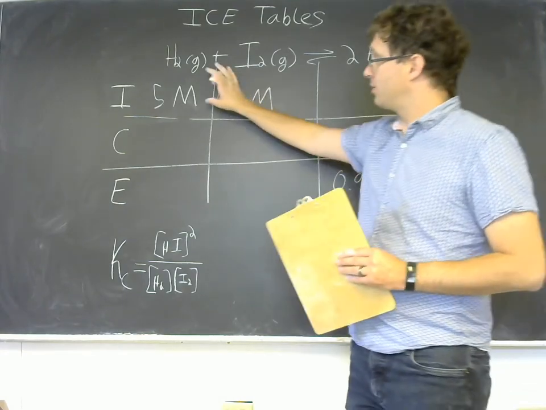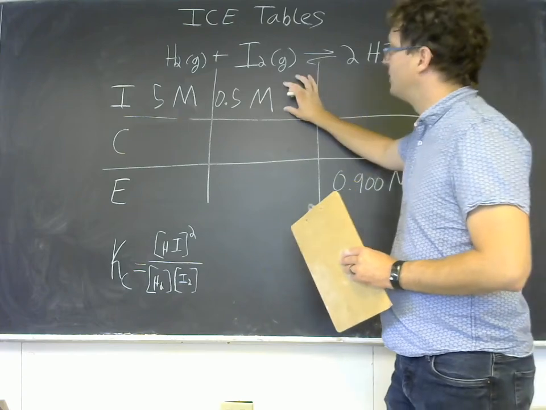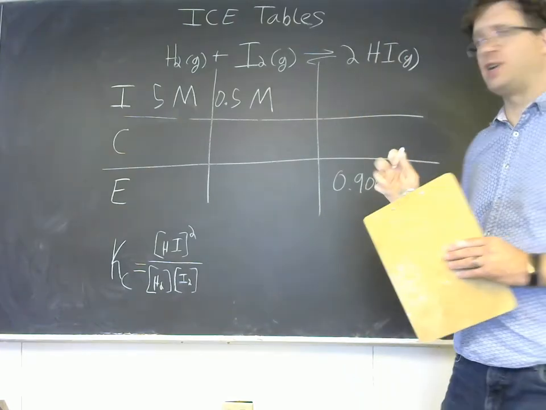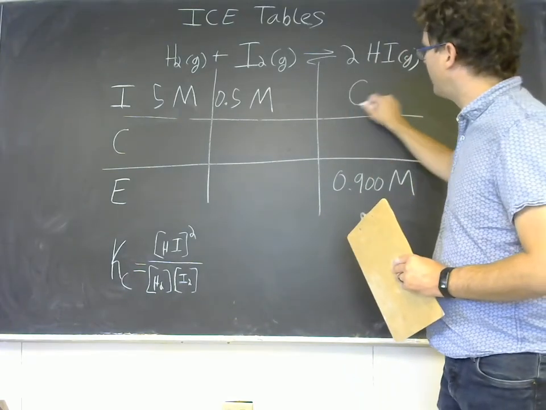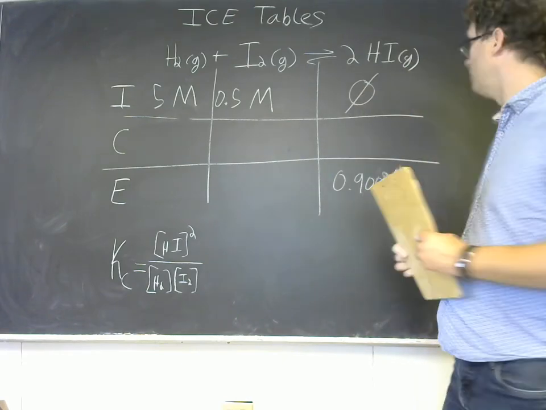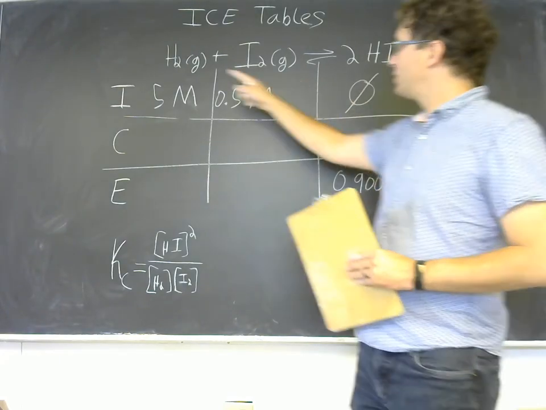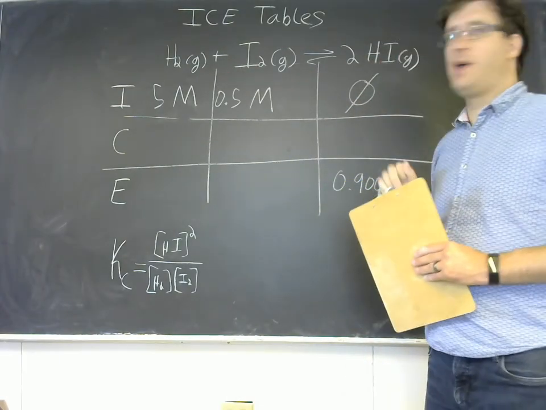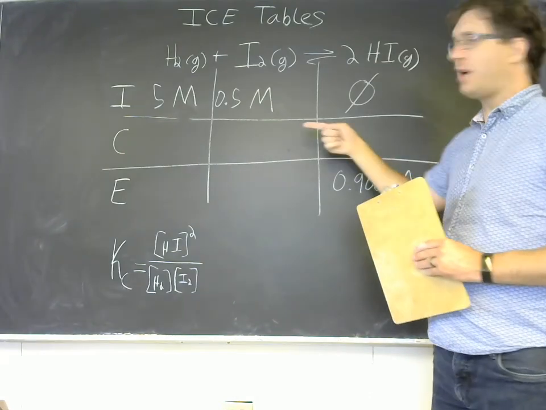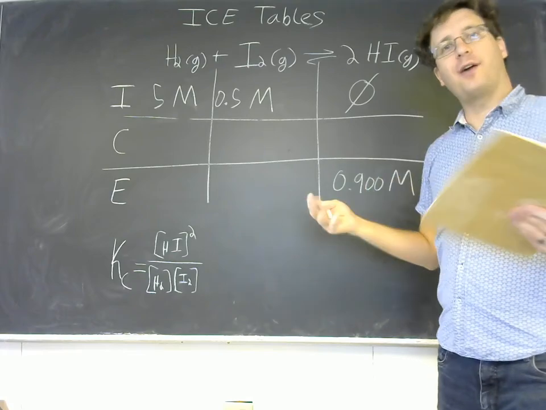So the initial conditions were 5 moles of H2 in a 1 liter chamber and 0.5 moles of I2 in a 1 liter chamber. I didn't explicitly say it, but we'll assume that we had 0 moles of HI. And now looking at the stoichiometry of this, we can talk about the amount of change in these values using a variable x.